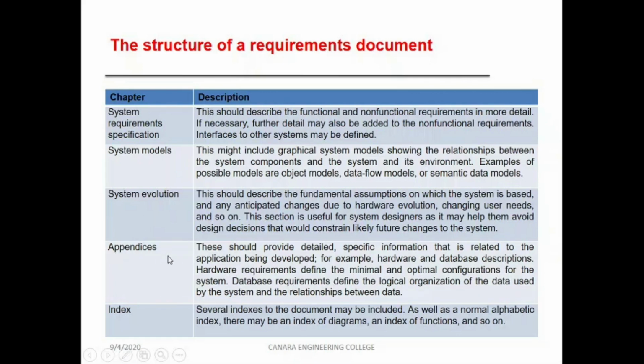All those things will be given in the appendix. Index: several indexes to the document may be included, as well as a normal alphabetical index, and some diagrammatic or function indexes, and so on.